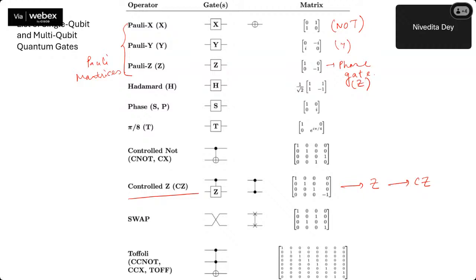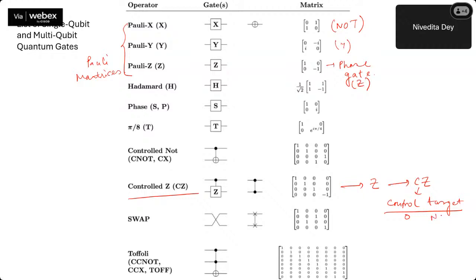Okay, so initially for C naught, what was your logic? If your control is 1, then flip your target. That was your logic. So here for the phase gate and controlled phase gate, the logic is different. Say for example for CZ, your control and target can be the two variables. That is why it's a 4 cross 4 matrix, because you need 2 qubits at least. So if your control is 0, then definitely nothing will happen to the target.